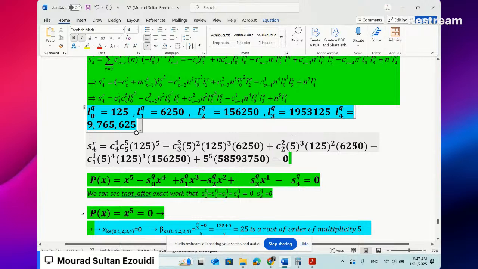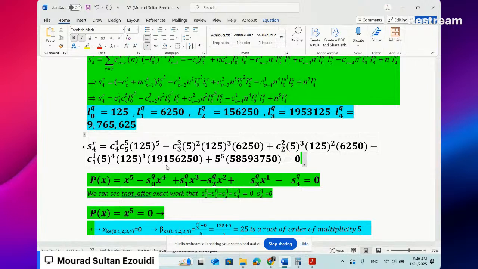The fourth is 5 raised to the power 4 multiplied by 1,953,125. And this one has to be equal to 9,765,625.